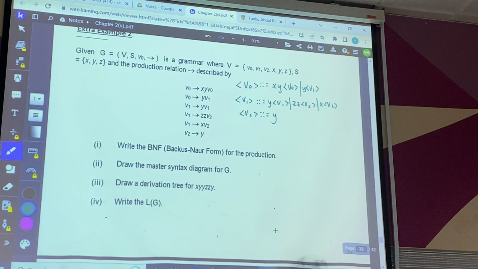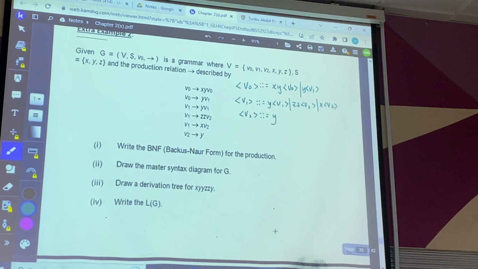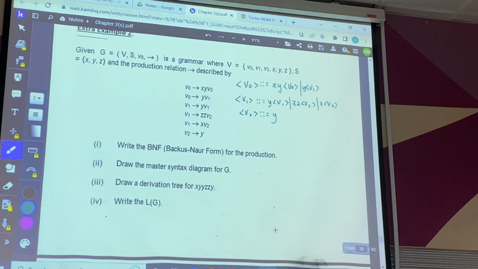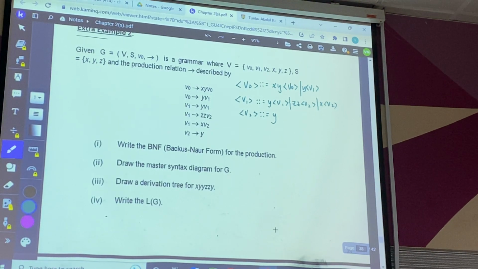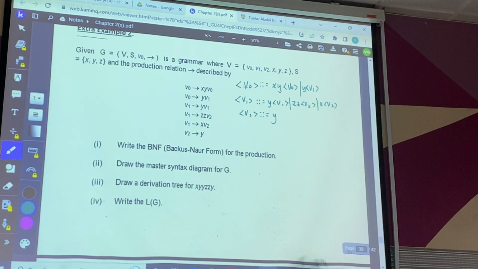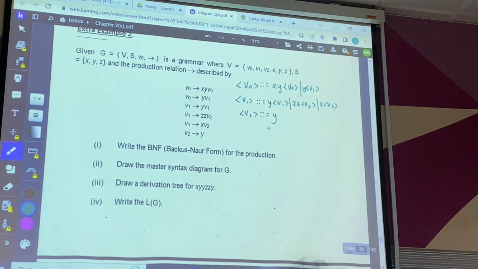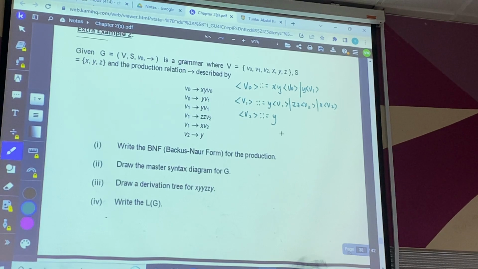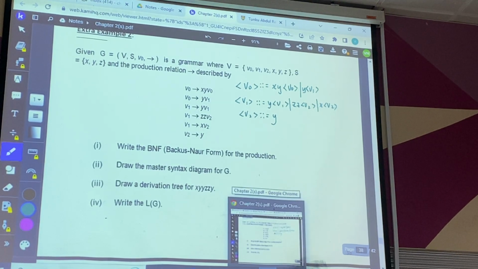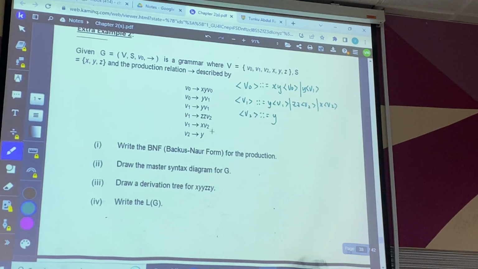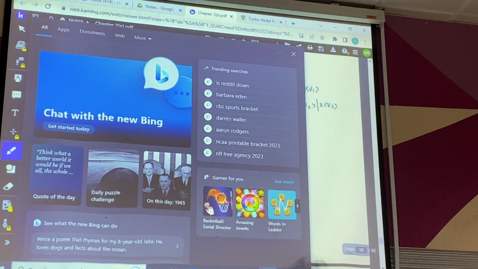But what we need to see is, actually we want to go from V0, go to V1, and from V1, if there is no terminal symbol at V1, we need to go to V2, and only from V2 we can go out from this Y. So our objective is to get the terminal symbol at the final stage. So every time when you see the substitution given, our aim is to start from V0 until the terminal symbol.